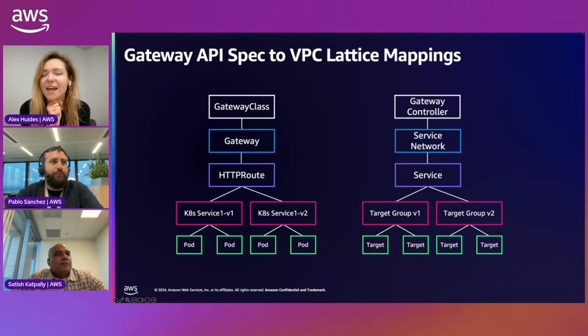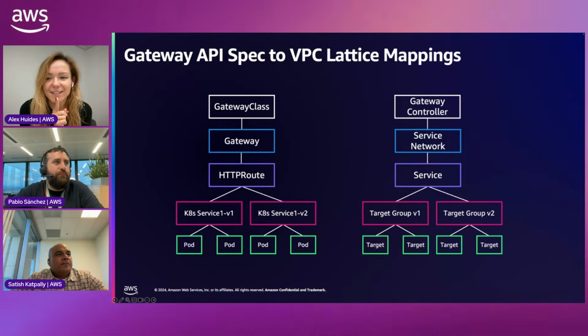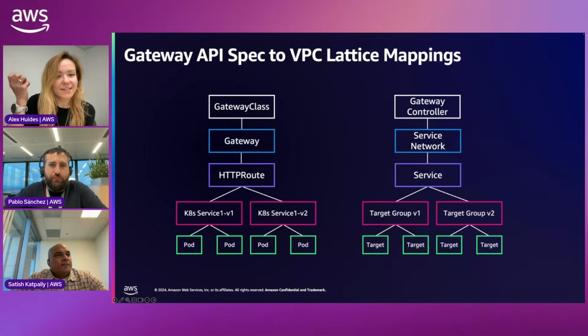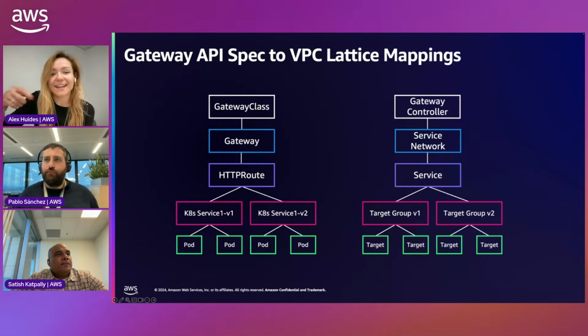That's part number one. Part number two, you mentioned one super interesting thing, and it took me a while to click in my head how this worked. You mentioned that the controller is actually running in the cluster, and it's looking for those resources that it has to monitor, and it does that through the Gateway API spec.